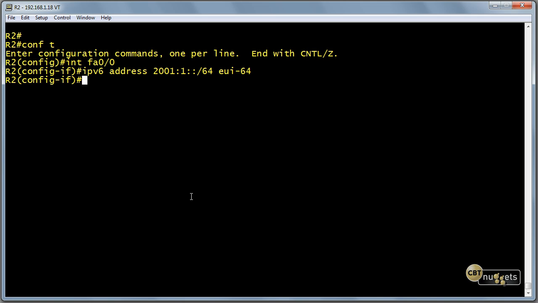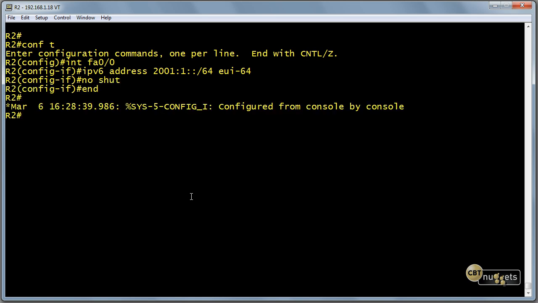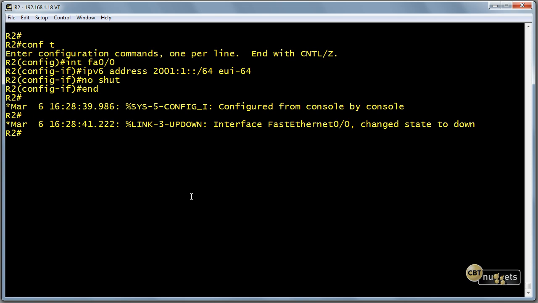So we have just given an IPv6 address to our router. By the way, notice that we didn't have to do anything fancy in order to do this. I mean, this Cisco router was ready for IPv6 address assignment right out of the box.